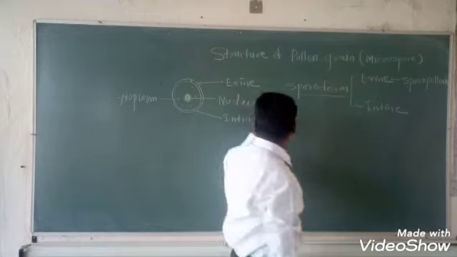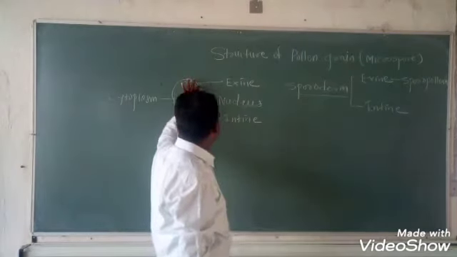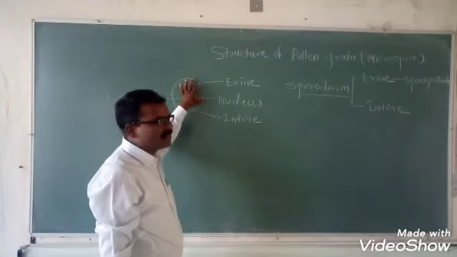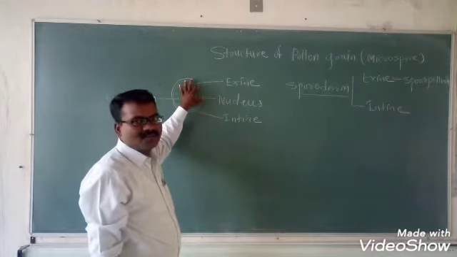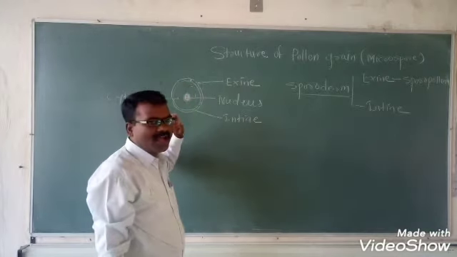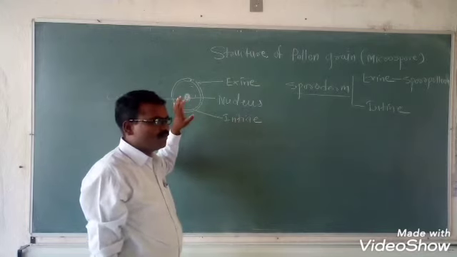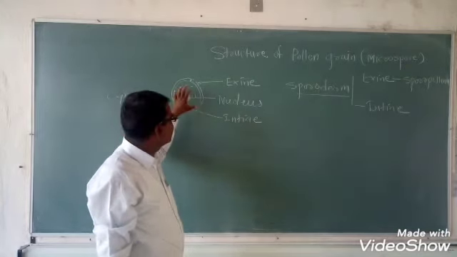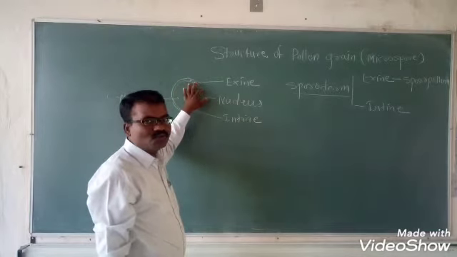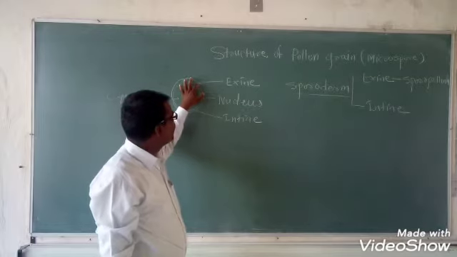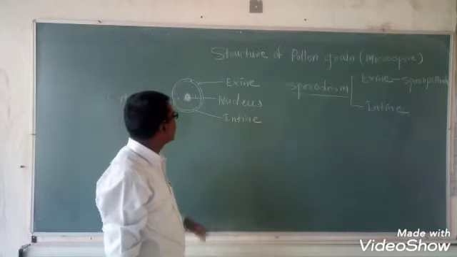This is exine. Exine is spiny in some cases. In entomophilous pollination, exine is spiny, and in anemophilous, that means wind-pollinated plants, the exine is smooth, and in insect-pollinated plants, exine is spiny.